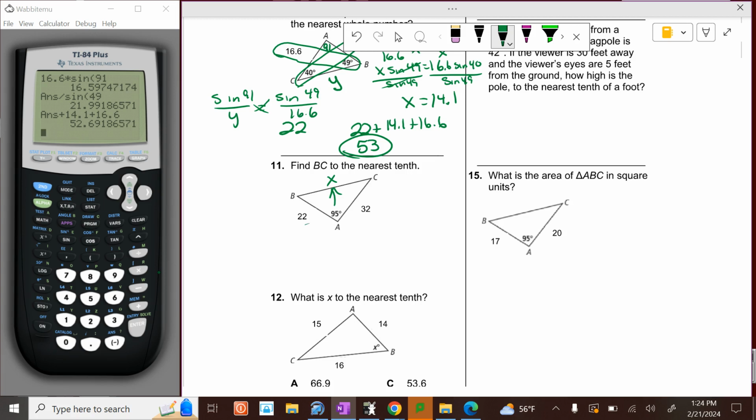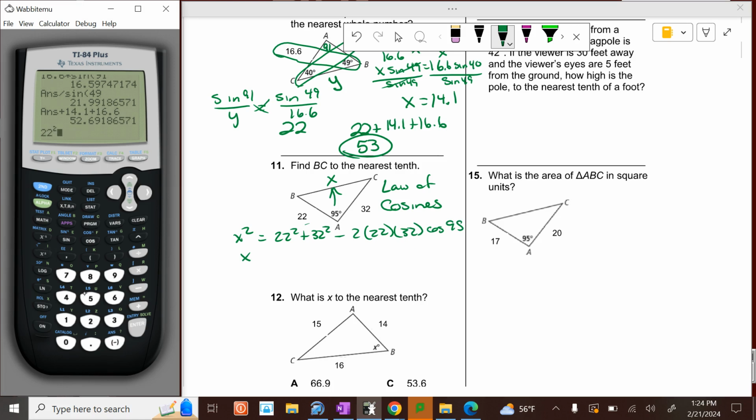And when you have side angle side, it's the law of cosines. So x squared equals 22 squared plus 32 squared minus 2 times 22 times 32 cosine of 95. And you just punch it into your calculator.